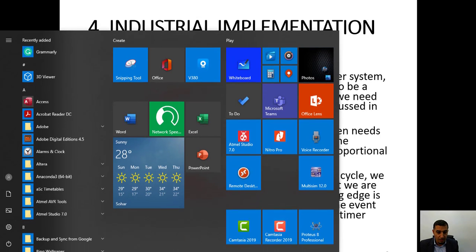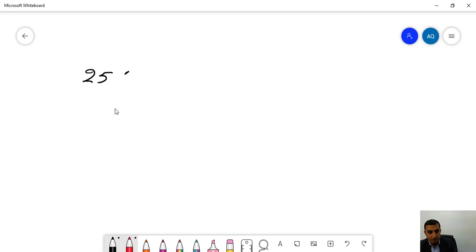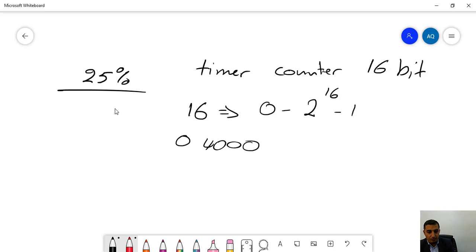So what I'm trying to tell you here is, if I am to generate a 25% duty cycle and my timer counter is running 16-bit, then it will be counting from 0 up to 2 to the power 16 minus 1, which is FFFF. 1 over 4, or 25%, of this count is 4000 hexadecimal.